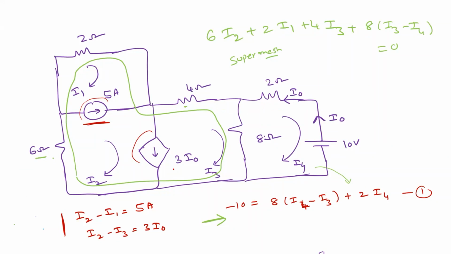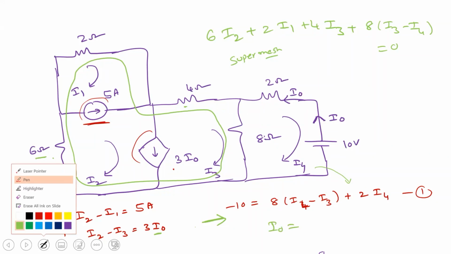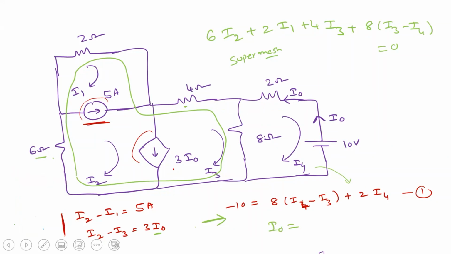So now we have independent equations. What is I naught? Minus I4. Minus I4, good. Okay, now solve it. That's all.